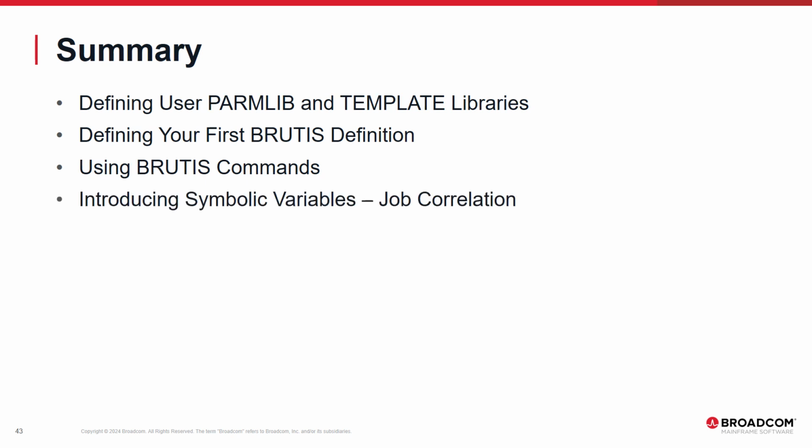We introduced the concept of symbolic variables in context of the job correlation and how BRUTIS dynamically sets variables and uses the job correlation to find jobs. Finally, we saw how BRUTIS gives you the ability to drill into a specific job output file to get to the information that you need quickly. Remember to look for the next video in the series to see more BRUTIS capabilities.